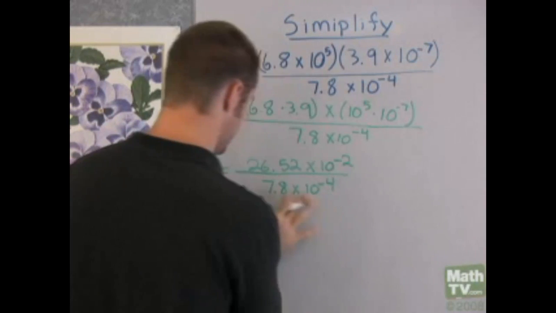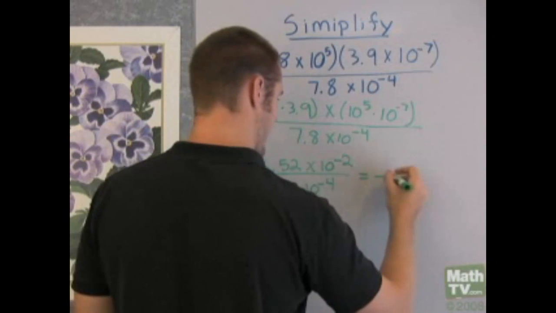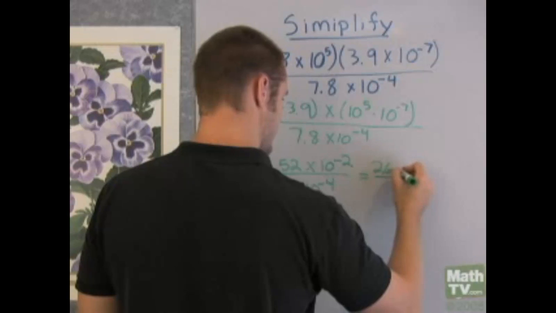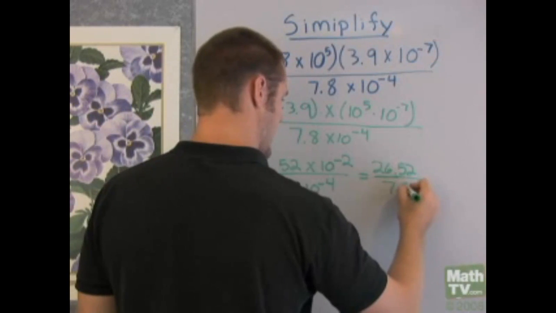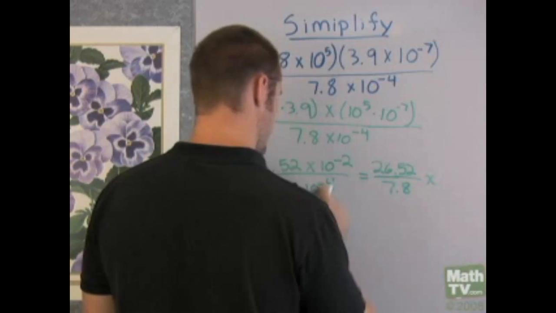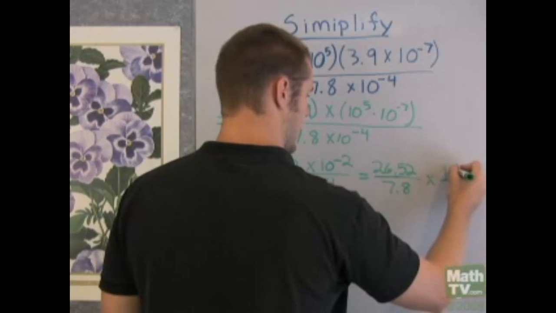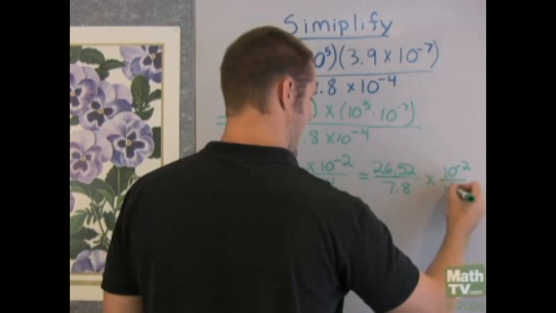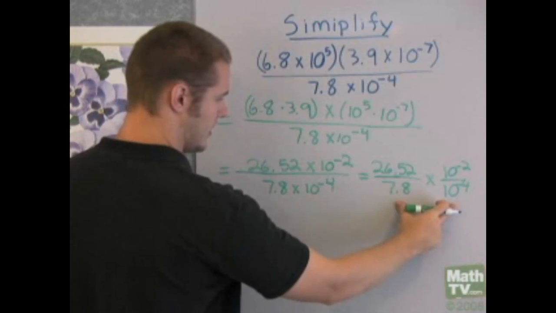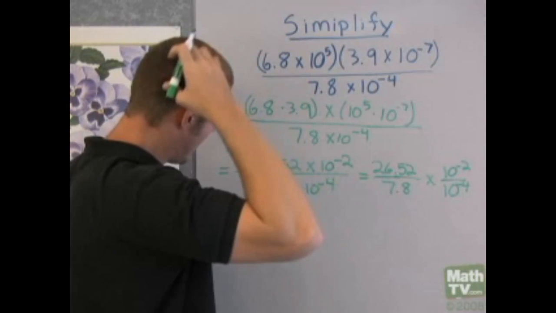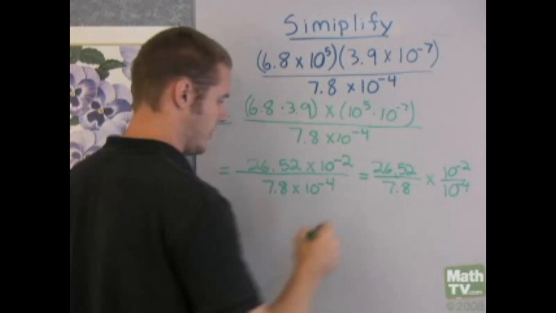Now we need to divide this, so this is equal to 26.52 all over 7.8 times 10 to the negative 2 over 10 to the negative 4. Now from here, 26.52 divided by 7.8, that's going to be 3.4.